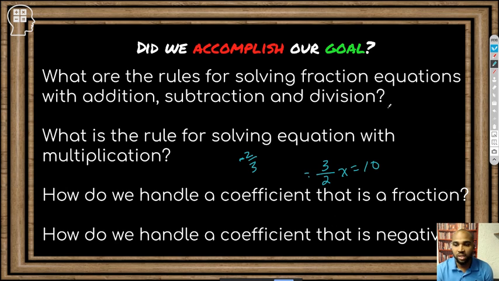If it's just negative x equals 3x plus 10. Well, I don't want an x right there. I made that more complicated than it needs to be.